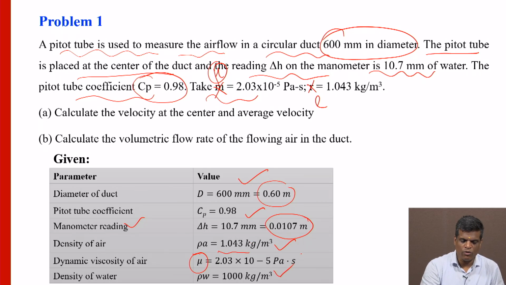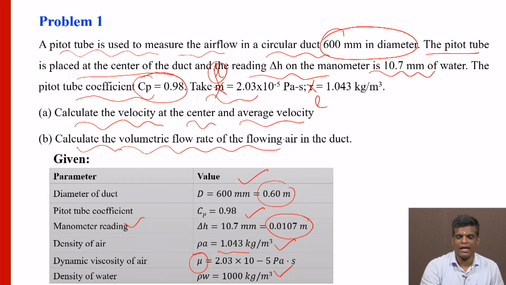We know the density of water, all values we know, and of course we know the formulas, we just have to substitute. They are asking to calculate the velocity at the center and the average velocity. Then the next question is to calculate the volumetric flow rate of the flowing air.